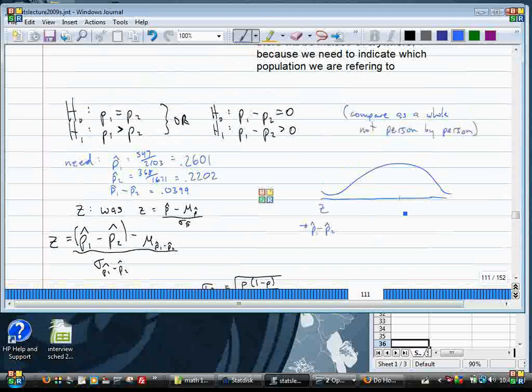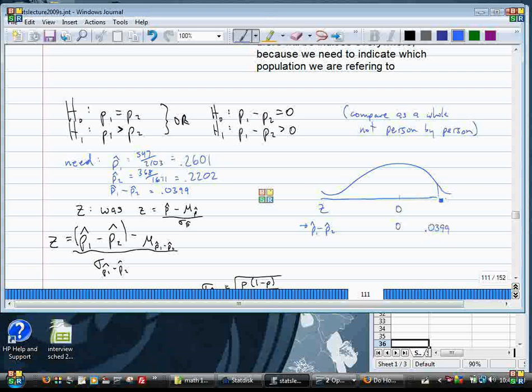Now, what goes in the middle for Z? 0. What goes in the middle for P1 hat minus P2 hat? 0. The mean, which comes from the hypothesis. Now, what other number do we put down here? On the right side, what number do we have for P1 hat minus P2 hat? 0.0399. That's exactly it.